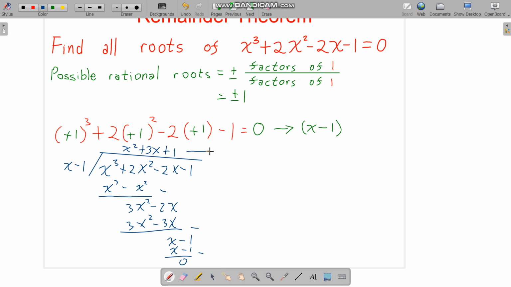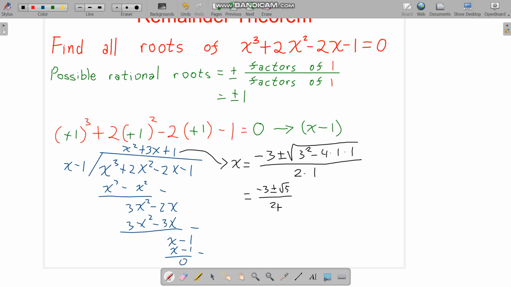So from here, using the quadratic formula, x can be minus b plus minus the square root of b squared minus 4 times a times c, all over 2a, which means it's minus 3 plus minus the square root of 9 minus 4, which is 5, root 5, all over 2.